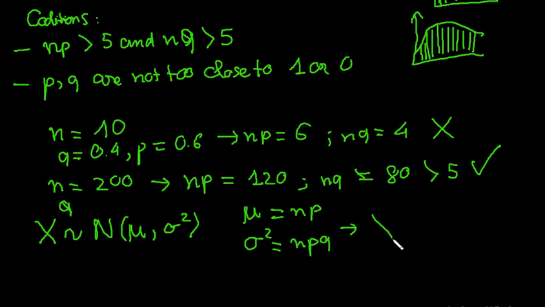So we have a new way to represent this: the random variable X has a normal distribution, where the mean is np and the variance is npq.